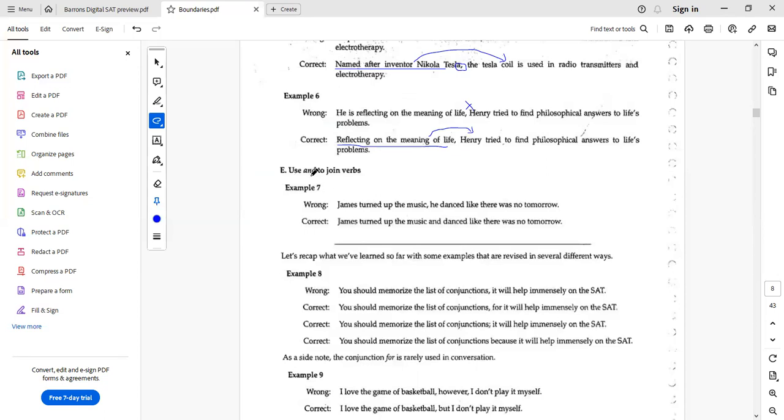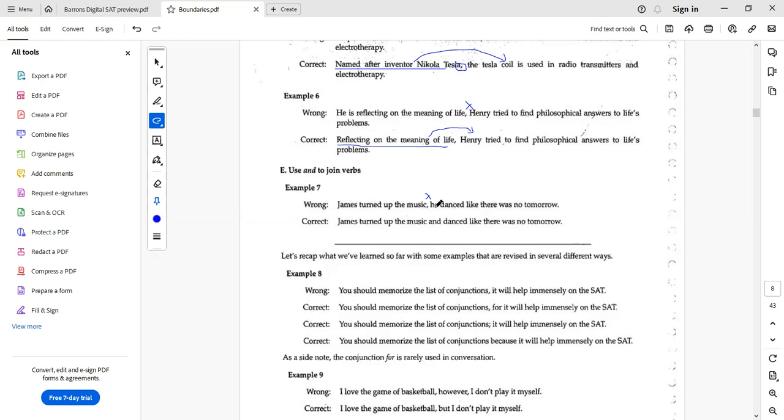Sometimes we can use and without a comma. How, teacher? We make a compound subject or compound verb. Like here: James turned up the music, subject verb, comma, he danced like there was no tomorrow, subject verb. The comma is wrong. We have to put comma plus fanboys, semicolon, full stop, or change one of them to be dependent, or make any kind of adjustment. James here is repeated as he.